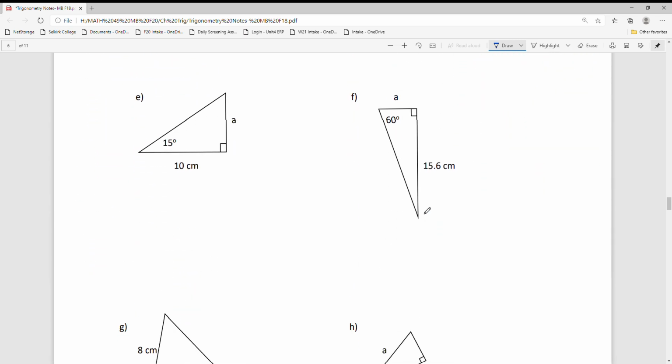We're going to keep moving on with these, always labeling, choosing the ratio, whoops, wrote it backwards, subbing in what I know, and then solving for my unknown.